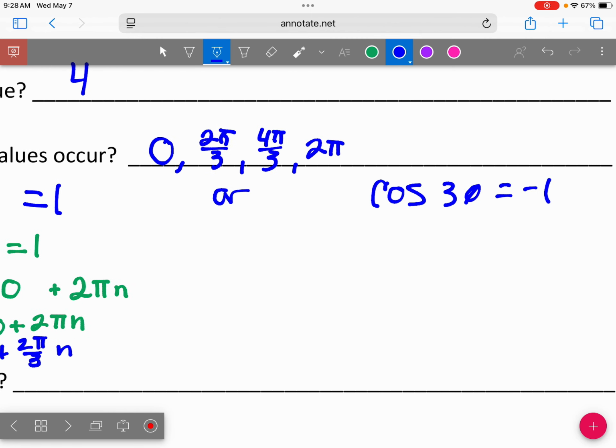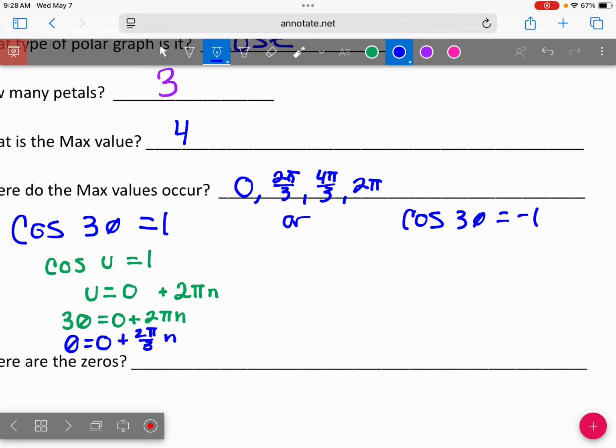Then we're going to do the same thing for cosine 3 theta equals -1. Same kind of vibe. I tend to do these as more of the u substitution, but if you can make the mental jump without it, that's totally fine. I'm going to set it up as cosine of u is -1.